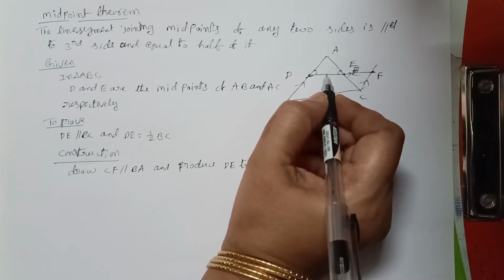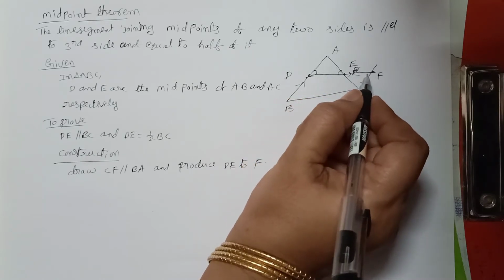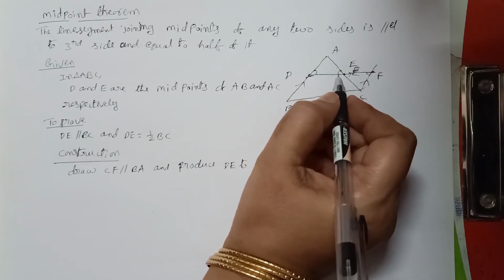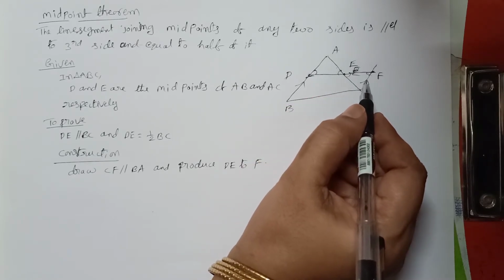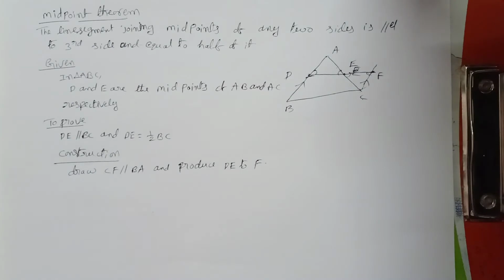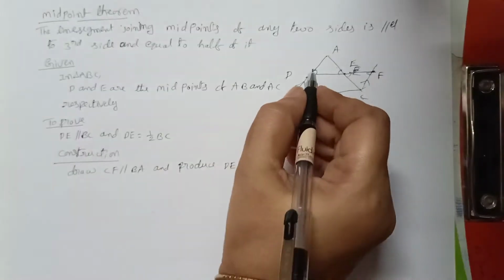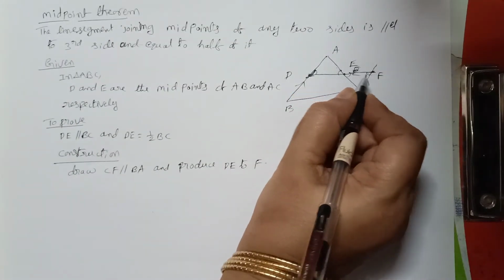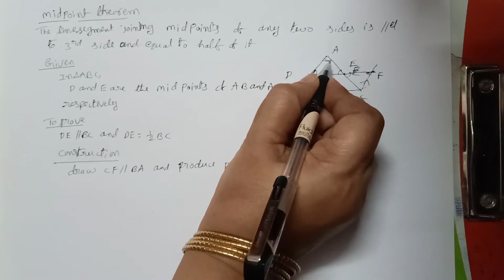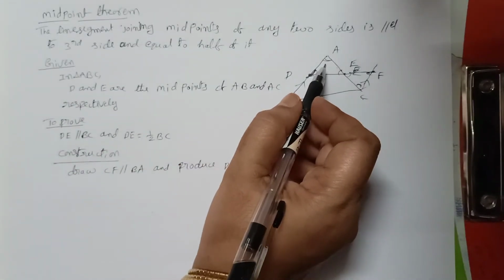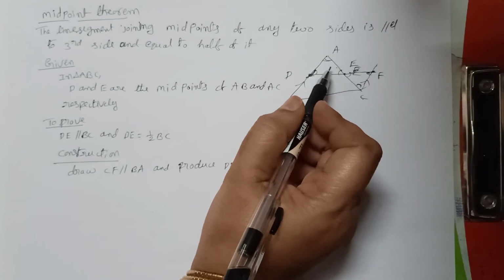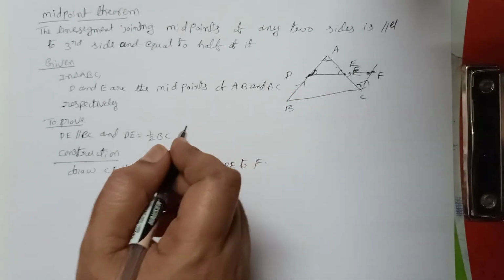What about these two angles? These two angles are the alternate interior angles. Angle, side, angle. By ASA, these two triangles are congruent.